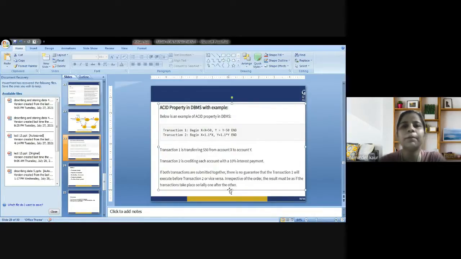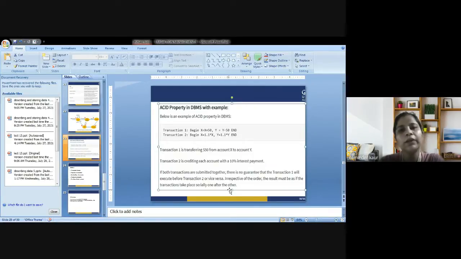This is an example like the ACID property. Transaction 1 begins: x is equal to x plus 50, y is equal to y minus 50. Transaction 2 begins: x is equal to 1.1 times x, y is equal to 1.1 times y. Transaction 1 is transferring rupees 50 from account x to y, and transaction 2 is crediting each account with a 10% interest payment.